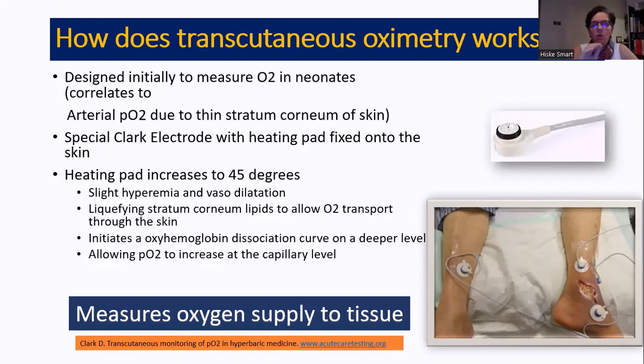So it measures the oxygen supply that is available to tissue by diffusing the oxygen through the skin as a result of the hyperemia and vasodilatation. So we have a way to measure that.